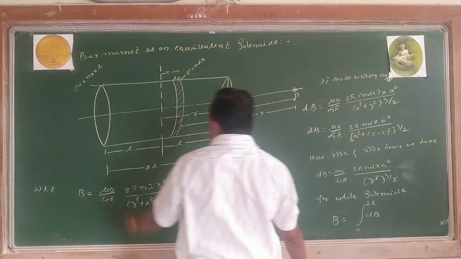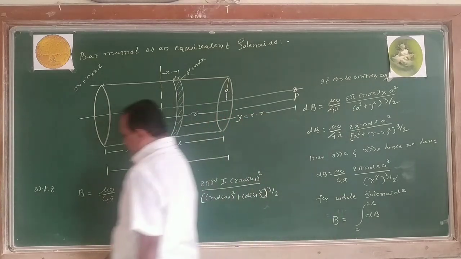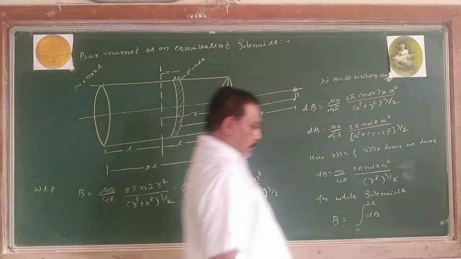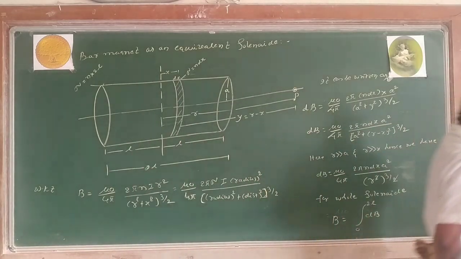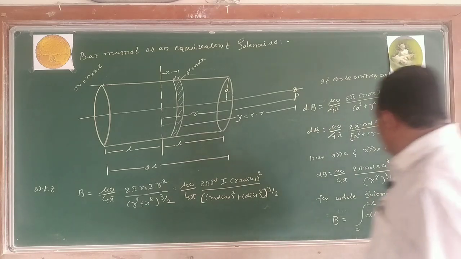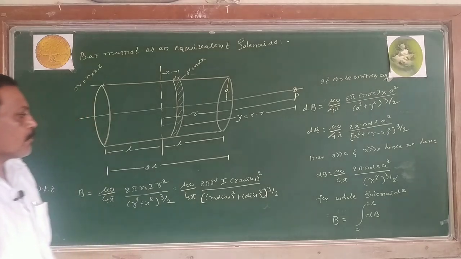From 0 to 2L. Look at the whole equations. Right? What is the length of the solenoid? 2L. Right?